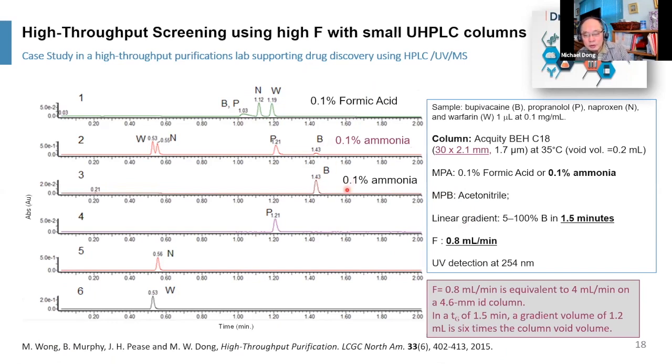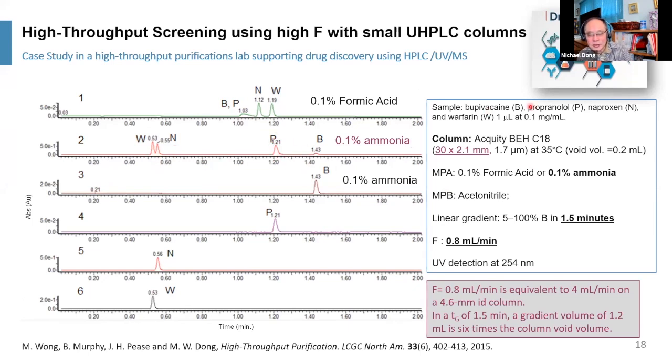Typically they use this column, a very short column with very small ID, packed with 1.7 micron particles, at 35 degrees centigrade. The void volume of this column is 0.2 mL. It's a very small column. The generic gradients are acid and base. Now in this case study, we used 4 drugs, which is unusual.